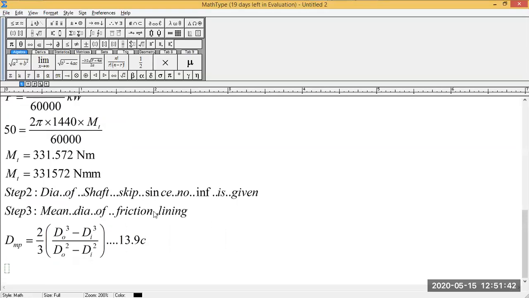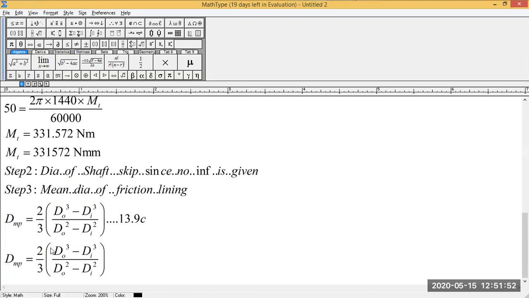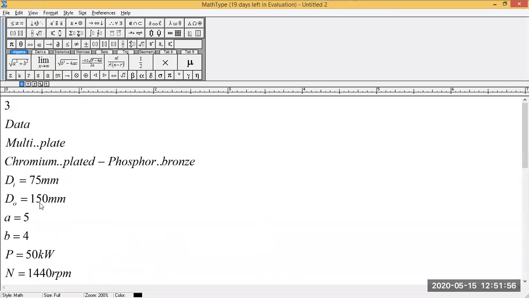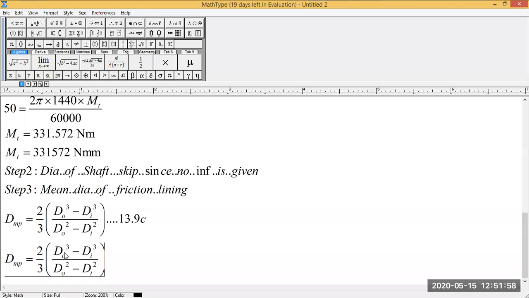So we have all the data here. Therefore, we can directly substitute and find out the value. D naught is 150, d i is 75.